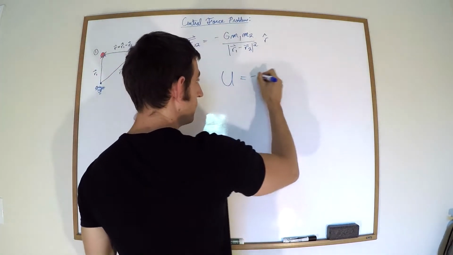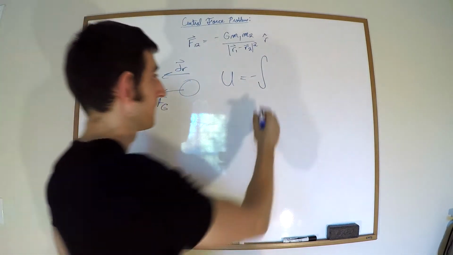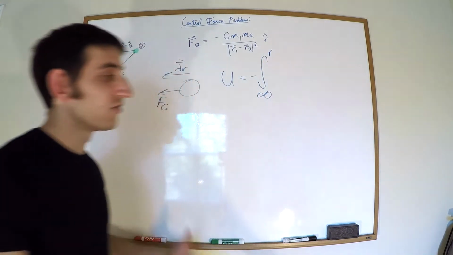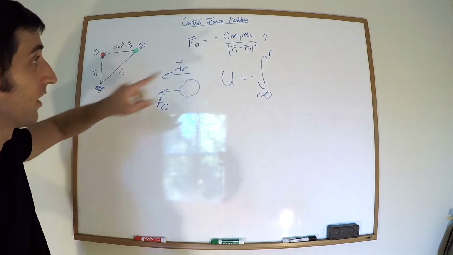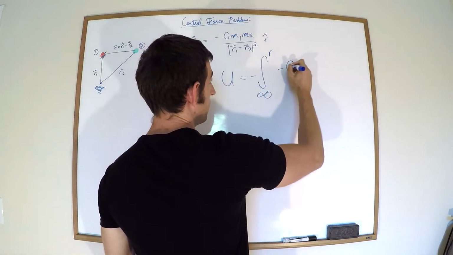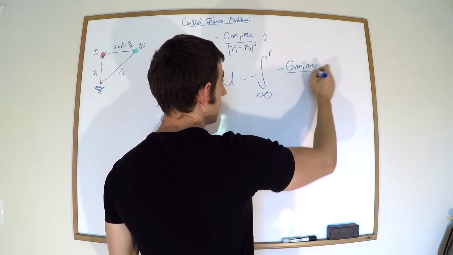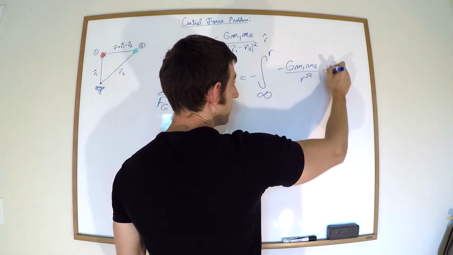And the way in which we're going to do that is we're going to use the same definition, but we're going from infinity to position R, okay? So it's F dr. I'm going to use this little r in there. So I'm going to say, okay, this is negative G m1 m2 over r prime squared dr prime.